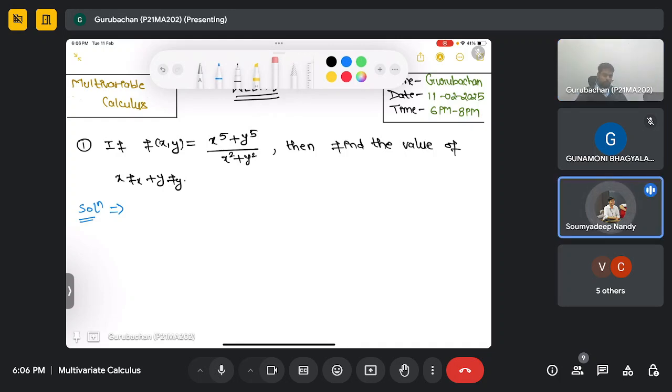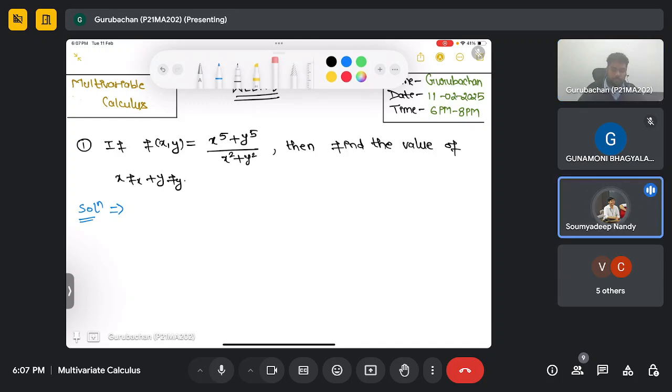So firstly, this is a homogeneous function. We can check that. I think I have told you about the homogeneous function of degree n in the last lecture. Yes, sir. So what is the definition of homogeneous function with degree n?